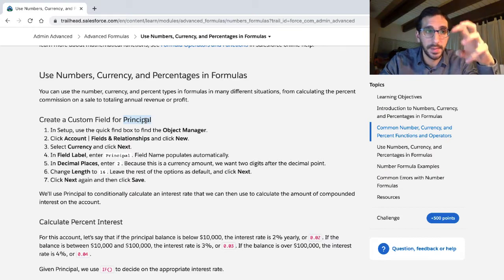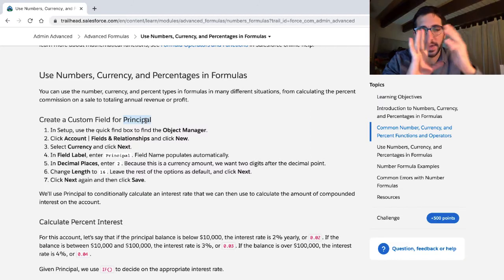A principal is the amount that a person takes out when they take a loan. Not everybody takes a loan out on a house. I don't know that everybody knows what a principal on a loan is for a home. Like if you rent, I don't feel like it's a universally known thing, and I just would have helped set context for this a little bit better. So that's what's going on here.